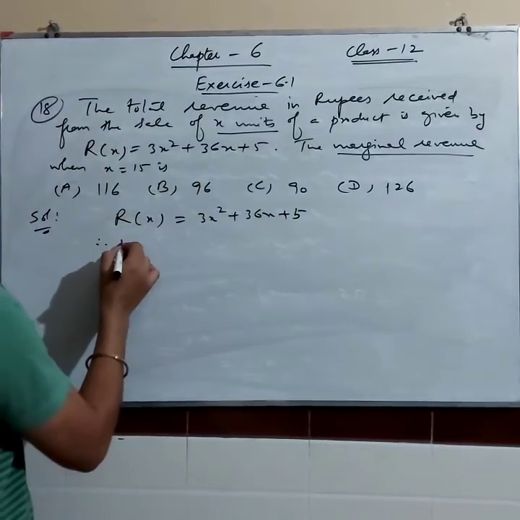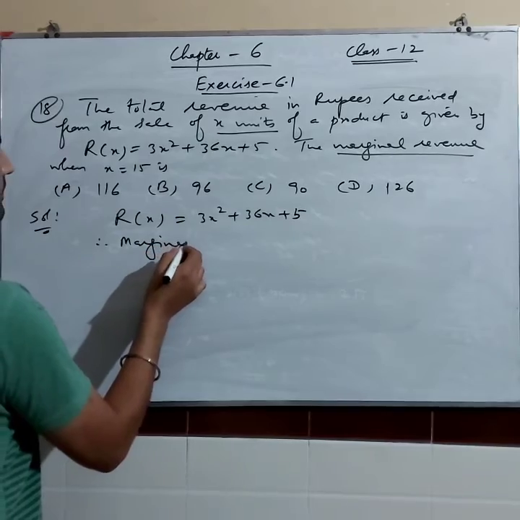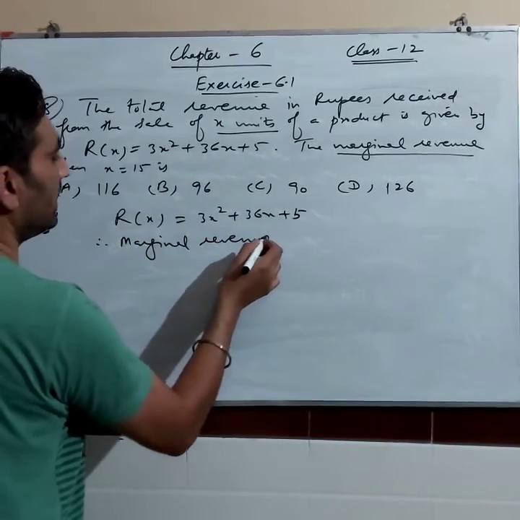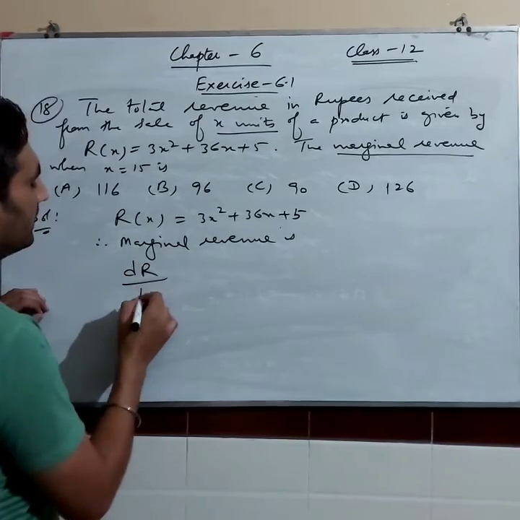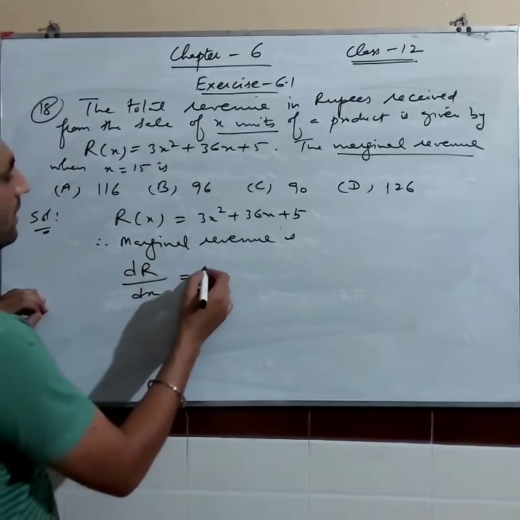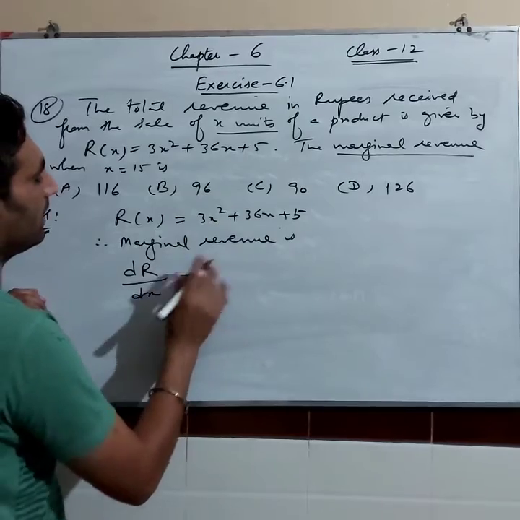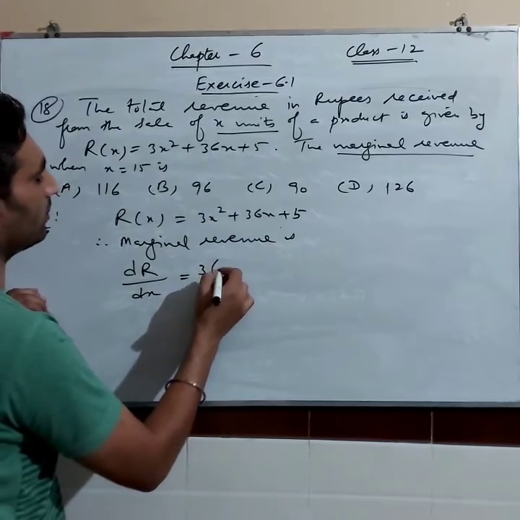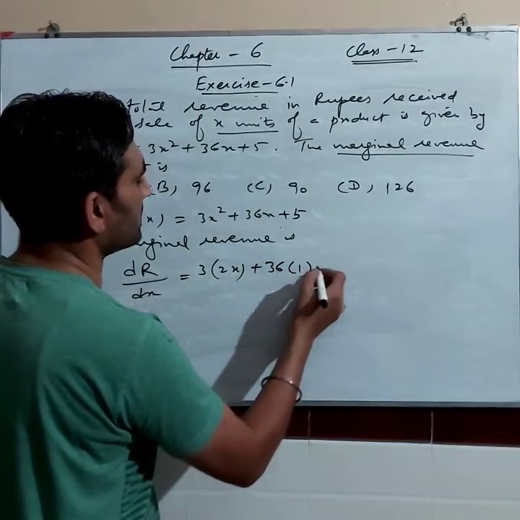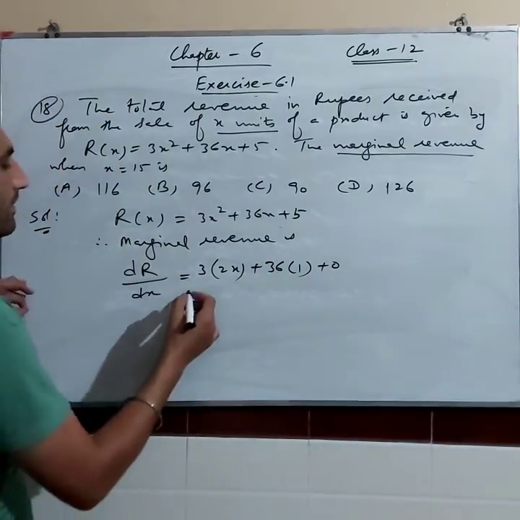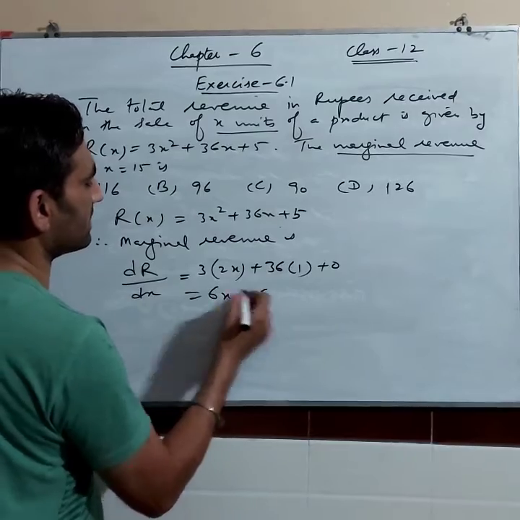Marginal revenue is only the derivative of this R with respect to x. It will be 3 into 2x, plus 36 into 1, plus 0 for the constant, so 6x plus 36.